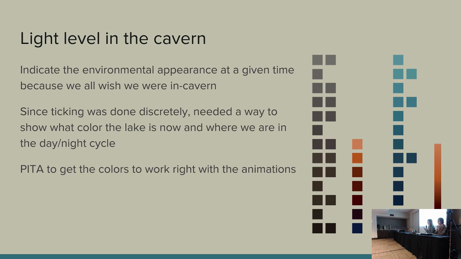We decided to do the ticks for the clock discretely instead of continuously. We wanted to have the shift ring as a gradient here, showing what part of the day you're at, where you are in the day cycle. But then we also wanted to show exactly what color the lake would be at a given time.